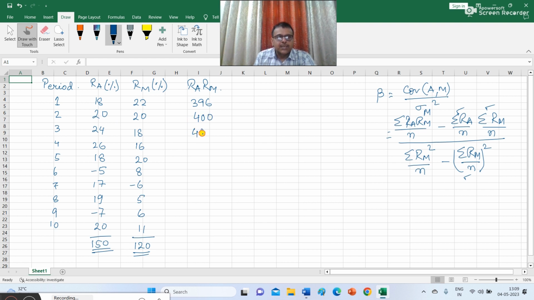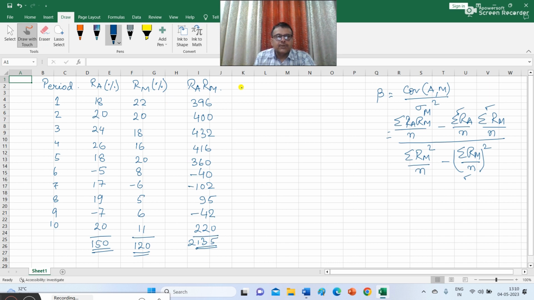Then 432, 24 multiplied with 18 is 432. 26 multiplied with 16 is 416. 18 multiplied with 20 is 360. Then minus 40. 17 multiplied with minus 6 is minus 102. Then 95, minus 42 and 220. And the sum total of RA into RM is 2135.